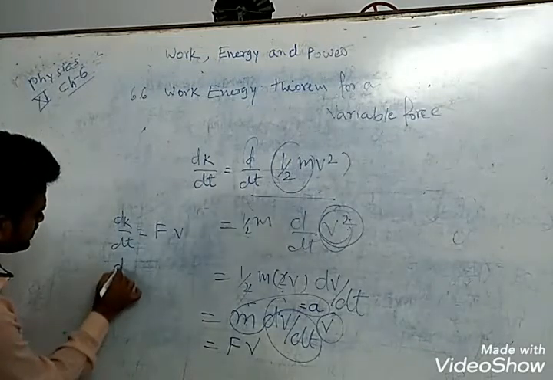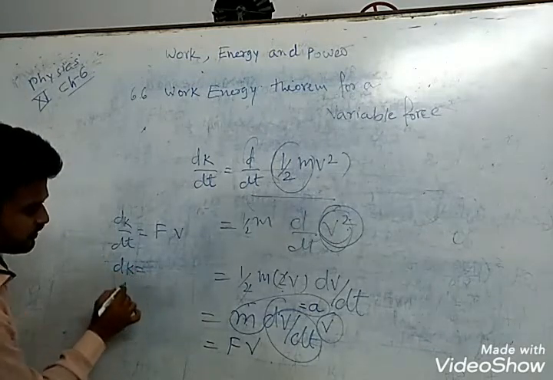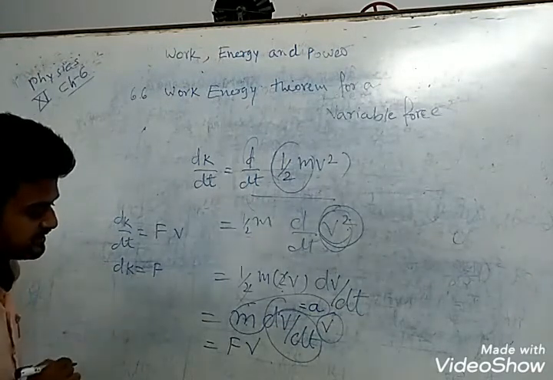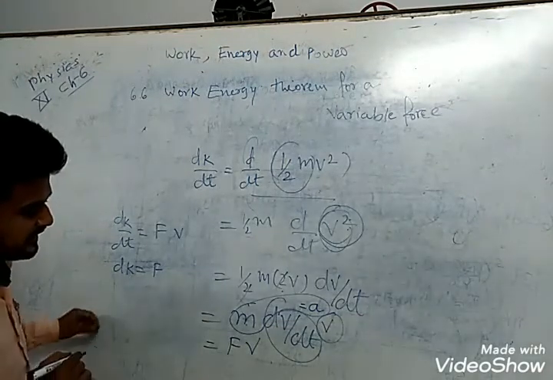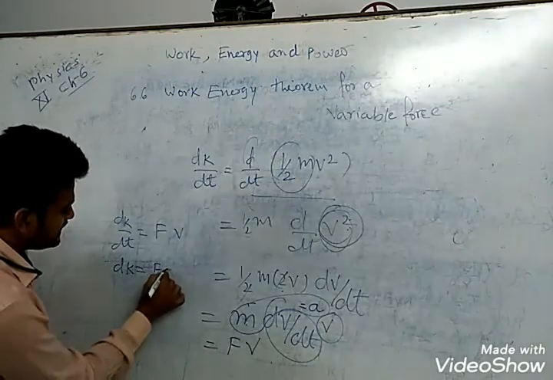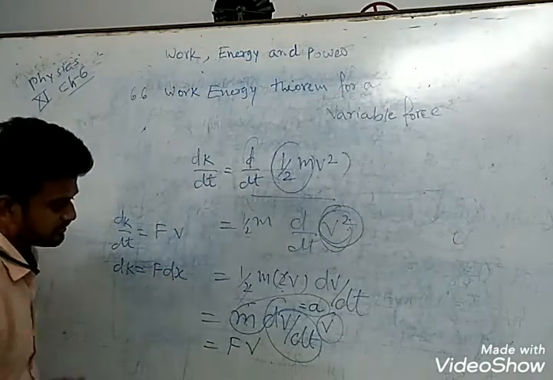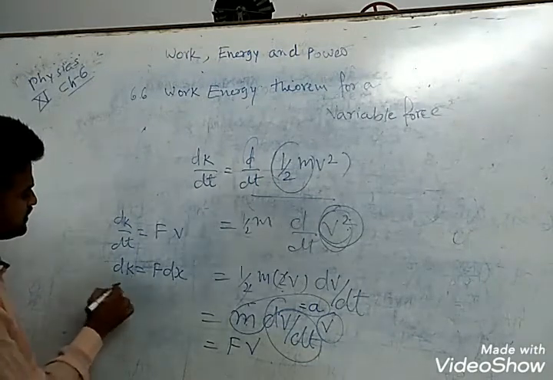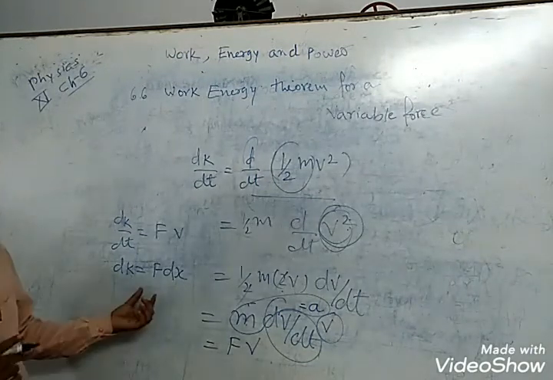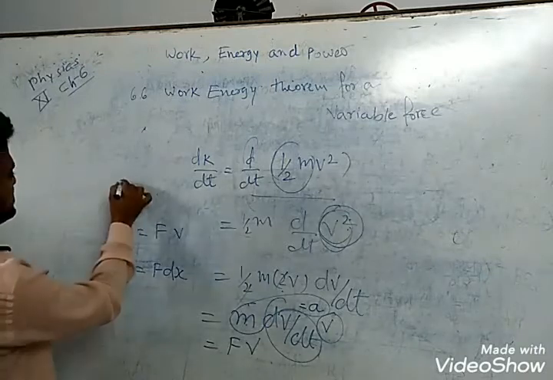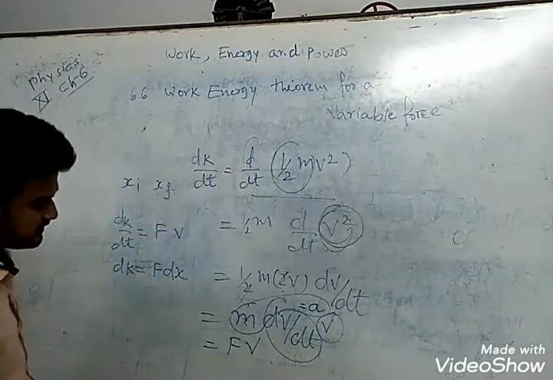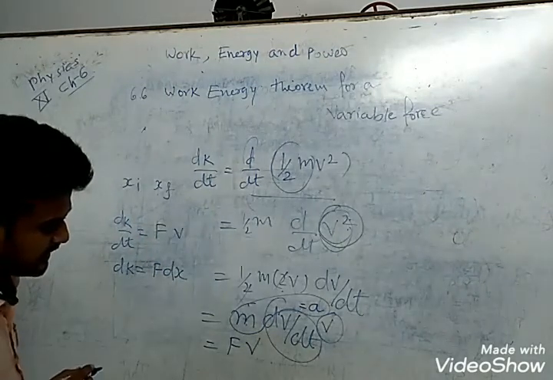Now dK is equal to F dx, the small portion, and we integrate from the initial position xi to the final position xf.